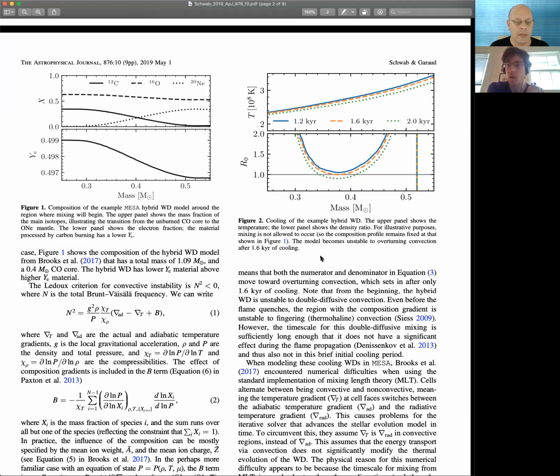One of the issues here is that because the composition is playing a big role in the convection, numerically you can have issues where you are convective, so you flip the convective flag on in your code, and that causes mixing that changes the composition. Yep. And also changes the temperature gradient, and that happens essentially instantaneously, in your time step.